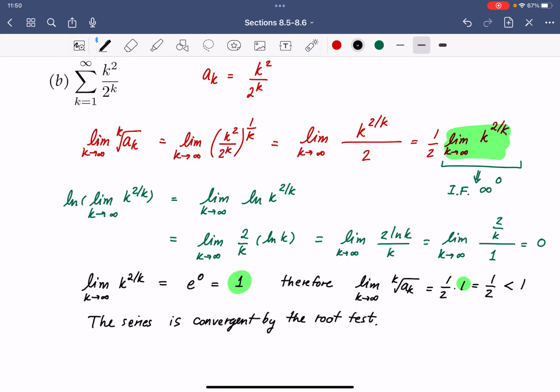To sum up what you learned today, you learned 2 more tools, the ratio test and root test. You can apply these to check the convergence and divergence of the series by looking at the limit of ak plus 1 over ak or ak to the 1 over k. Now you don't have to be worried much about the root test and ratio test.